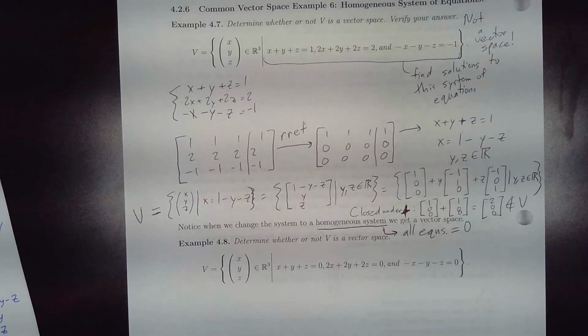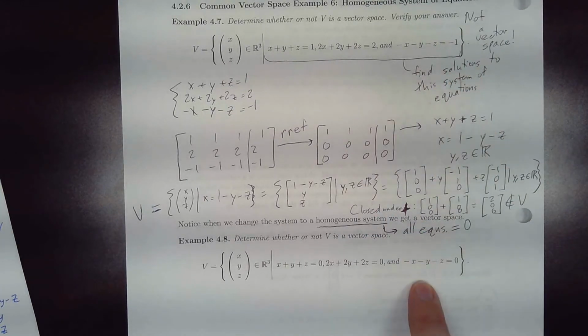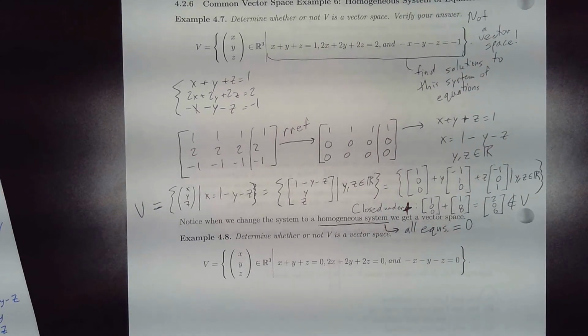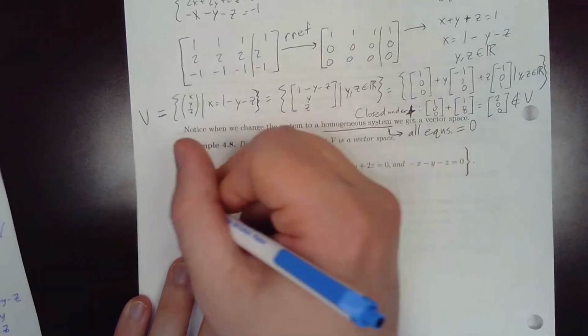Okay, so we have something that's not a vector space. Let's see if we can determine, if we change this to a homogeneous system, so now all of these equal 0, whether or not we will end up getting something that is a vector space. So let's take a look here.